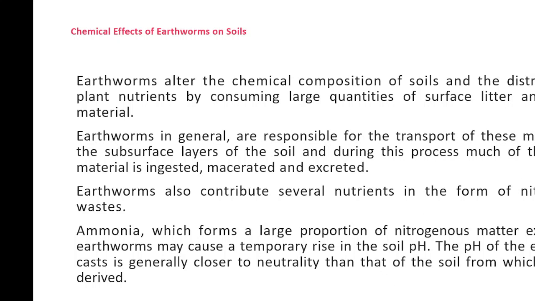Whatever organic material is present on the surface of the soil, the earthworm will feed on, and this material will pass through the intestine of the earthworm, and during that process the chemical nature of this substance can change.